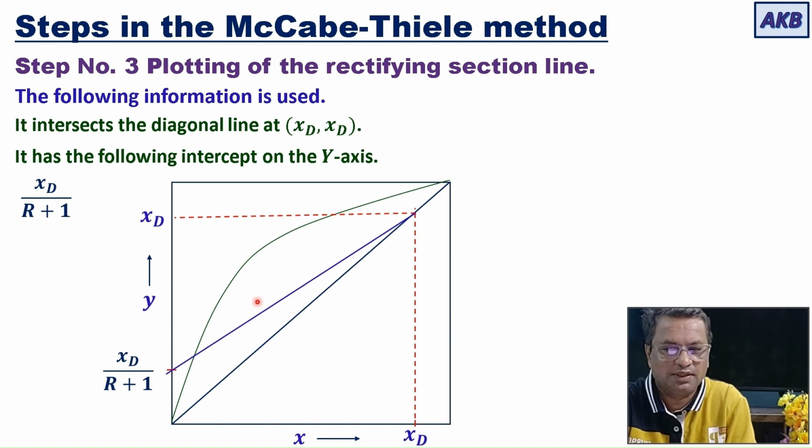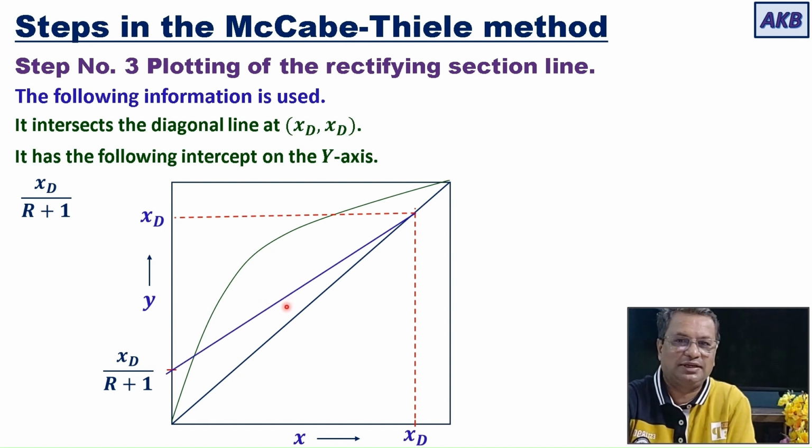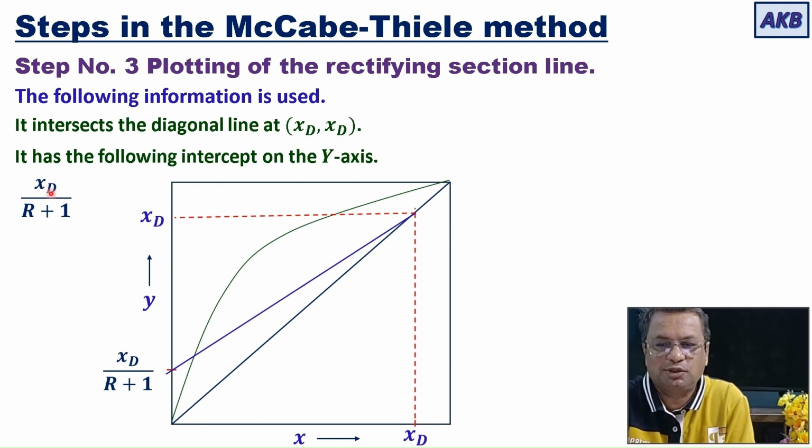So simply I will draw the rectifying section line. In this way, the rectifying section line is drawn. For this, we have used the information that it intersects the diagonal line at xD, and it has an intercept of xD upon R plus 1 on the y-axis. Okay, so that ends step number 3.